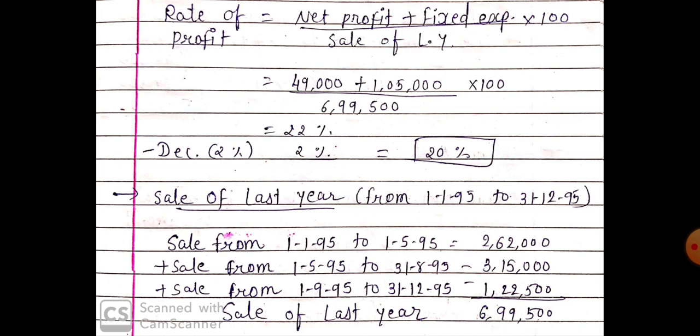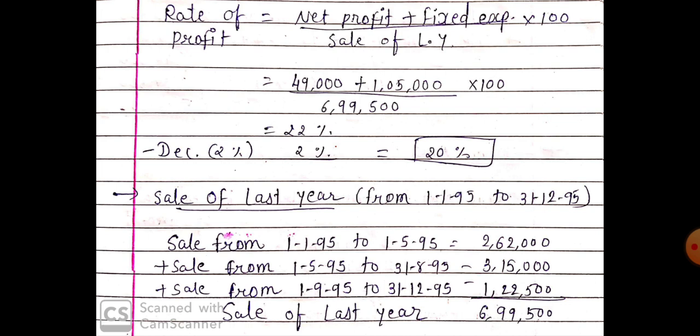We are given the sales of 4 months in 3 quarters. So we add them and we get the sales of the full last year. Sales from 1st January 95 to 1st May 95 given in the problem 2,62,000, plus sales from 1st May 95 to 31st August 95 3,15,000, plus sales from 1st September 95 to 31st December 95 1,22,500.